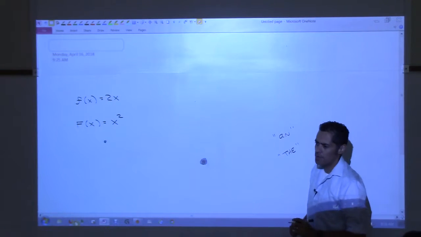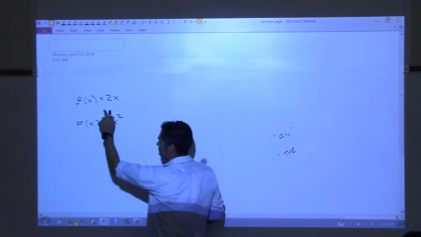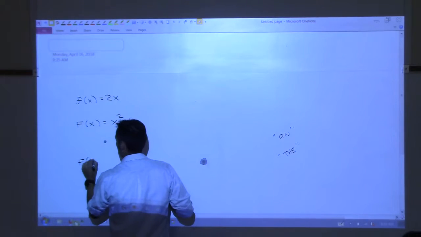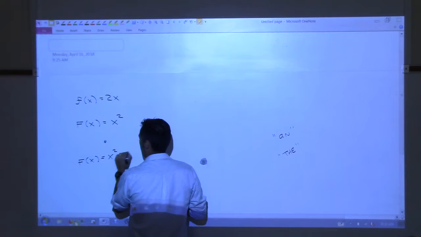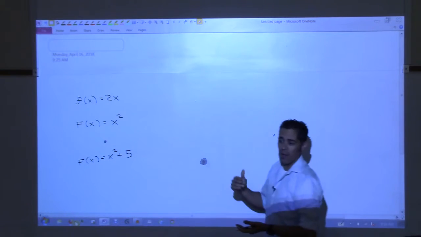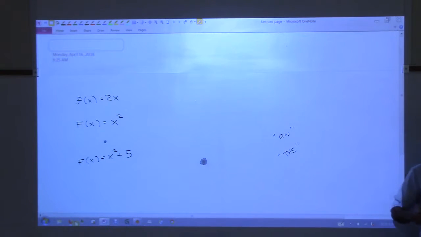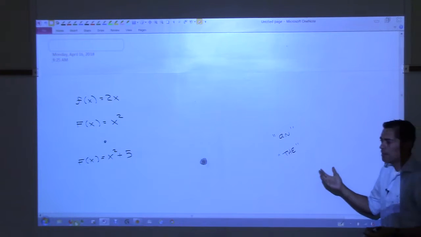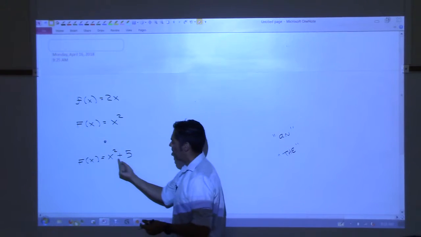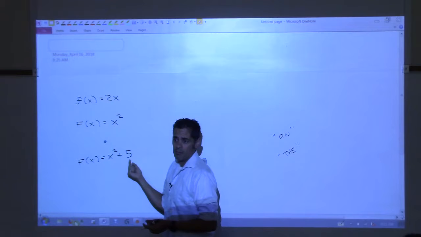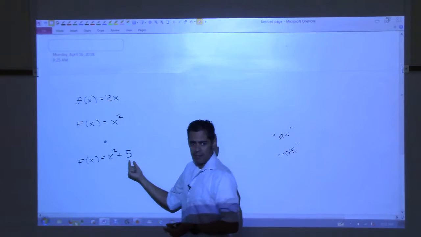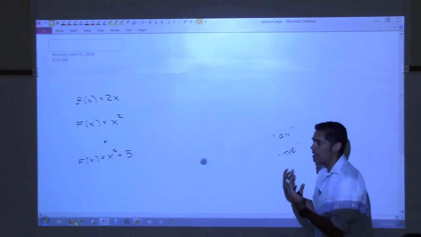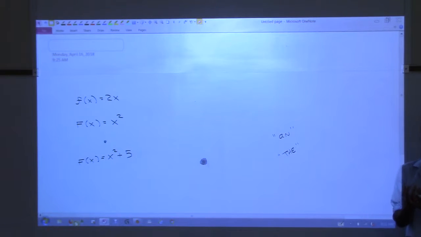What would be another answer that would qualify as an antiderivative of this function? I could say x squared plus 5, or minus 5, or plus 2, or minus 2, or any number out there. Because when I differentiate this, that goes to 2x and the constant goes to 0.